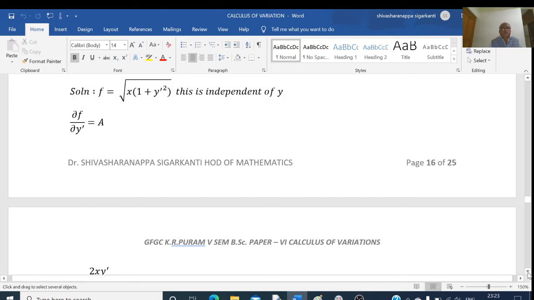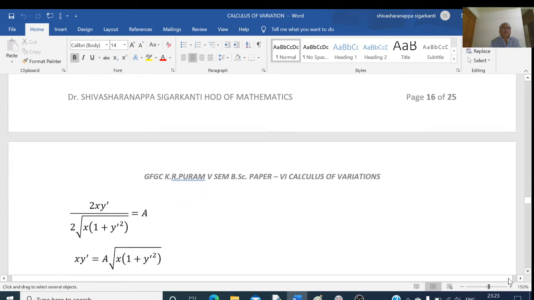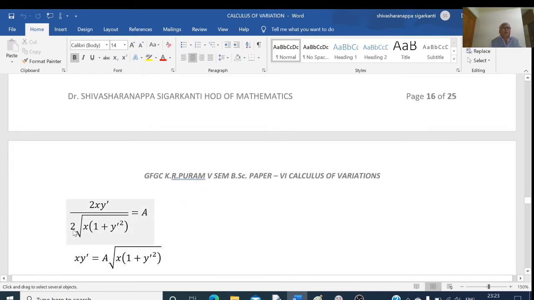So in the numerator we get 2x into y dash, in the denominator 2 into root of x into 1 plus y dash square, is equal to a constant quantity. Cancel this 2 and 2. Then we get x y dash is equal to a into square root of x into 1 plus y dash square.